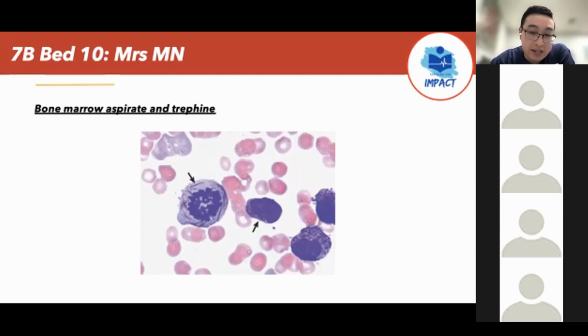It's very commonly found in APL patients that first commence on ATRA therapy. It occurs in about 25 to 50% of patients with APL, usually within 2 to 21 days after initiation of treatment, and is seen more frequently in patients with high risk APL, so an initial white cell count of above 10.